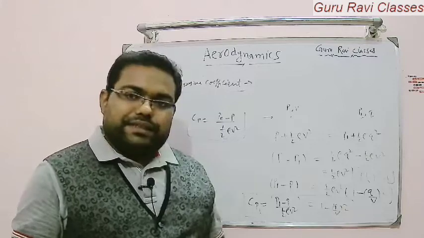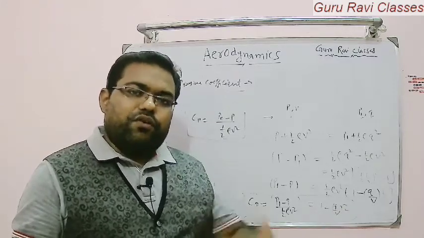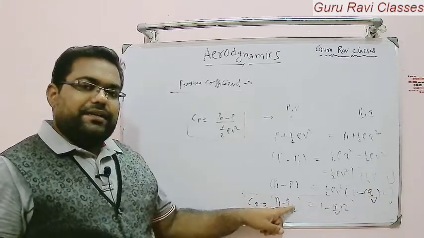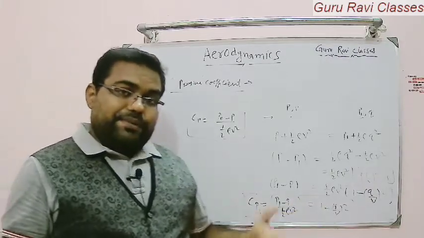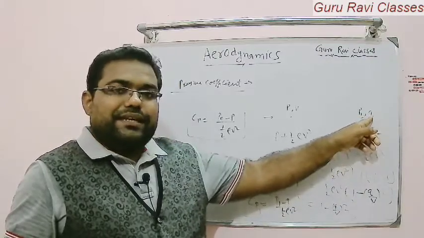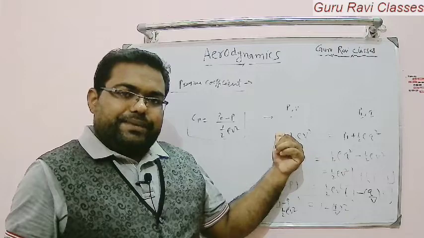From this equation, Cp will be positive only when P1 is greater than P, and P1 will be greater than P when my velocity Q is lesser than free stream velocity capital V.